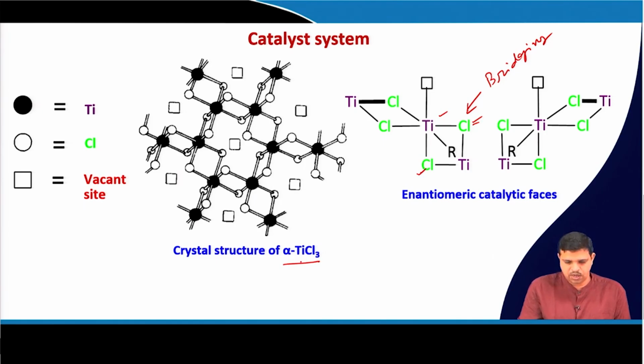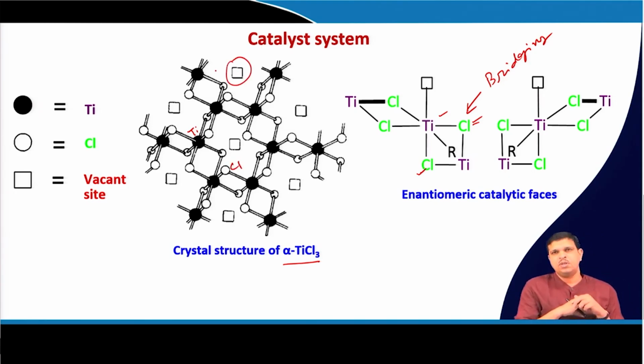This is alpha; gamma, delta and beta are also possible. Here you will see this is the titanium, this is the chloride, and most importantly these are the vacant sites in the crystal structure.